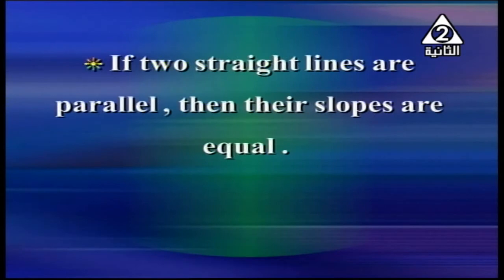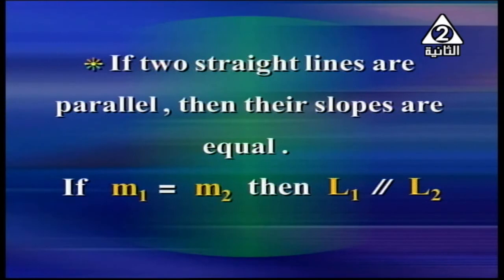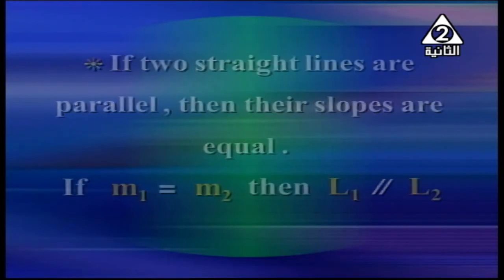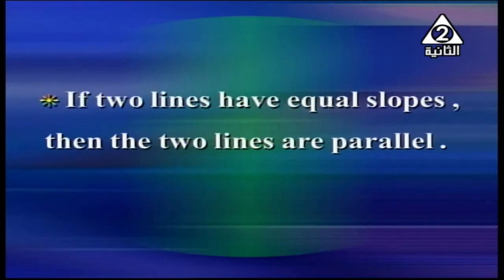And here we can say that if the two straight lines are parallel, then their slopes are equal. If M1 equals M2, then L1 parallel to L2. And this is the converse. If the two slopes are equal, then the two straight lines are parallel. And here we can say that if two lines have equal slopes, then the two lines are parallel.